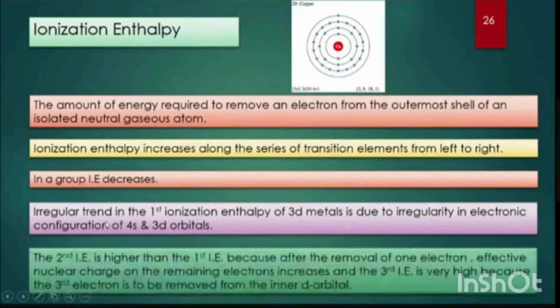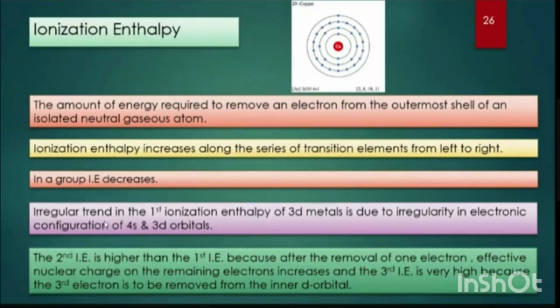The second ionization enthalpy is always higher than the first ionization enthalpy. Naturally, the first ionization enthalpy is the amount of energy required to remove the first electron from the outermost shell of an atom. After the removal of the first electron, the effective nuclear charge on the remaining electrons increases.